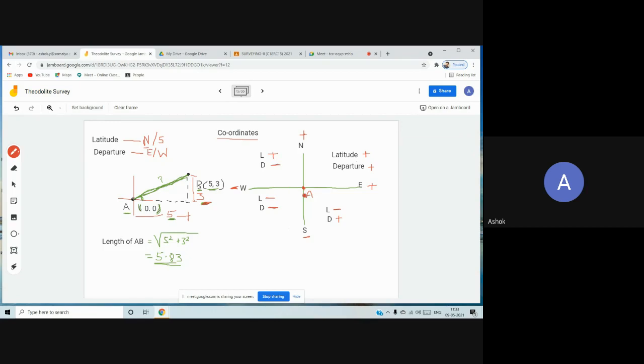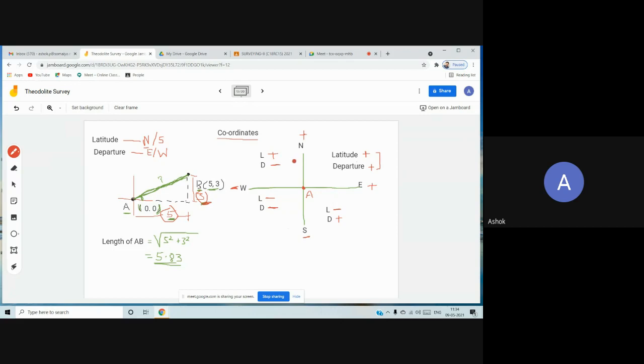So if a line has latitude and departure both positive, it will come in the northeast coordinate. If a line has both latitude and departure negative, it will go in the southwest coordinate.